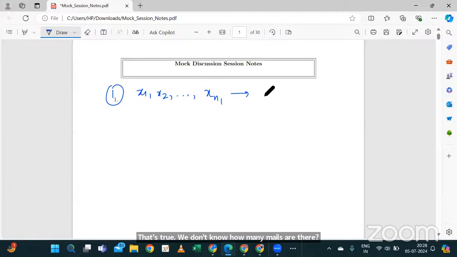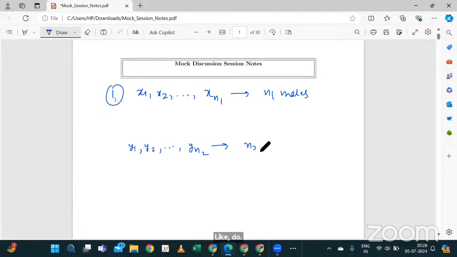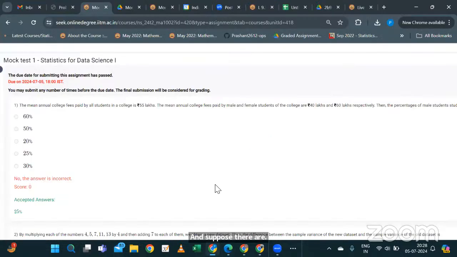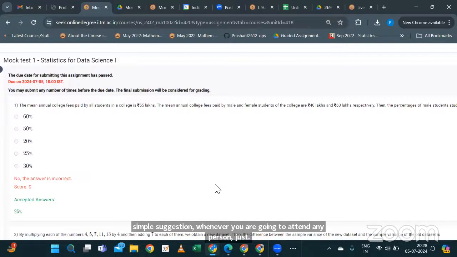These are the n1 males, and let's say y1, y2, and suppose there are n2 females. What does the question say? Just a simple suggestion: whenever you attempt any question, go line by line. Whatever the first line says, write that down, then the second line, then the third line, and you will get the idea.